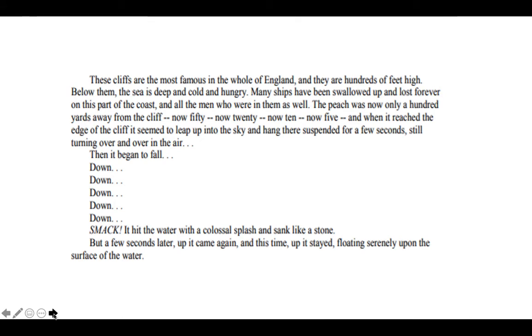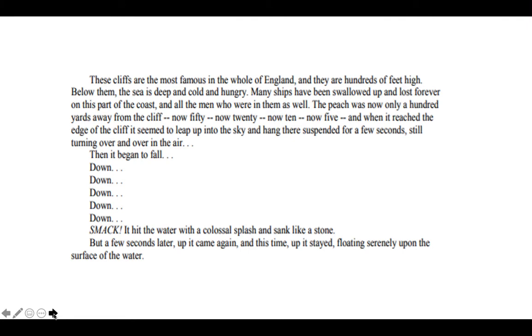The peach was now only 100 yards away from the cliff, now 50, now 20, now 10, now 5, and when it reached the edge of the cliff, it seemed to leap up into the sky and hang there suspended for a few seconds, still turning over and over in the air.